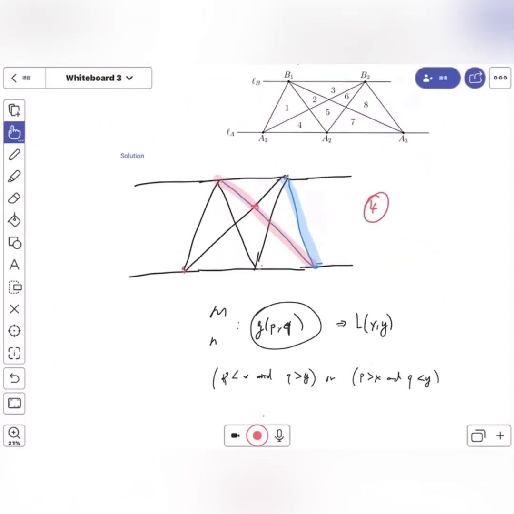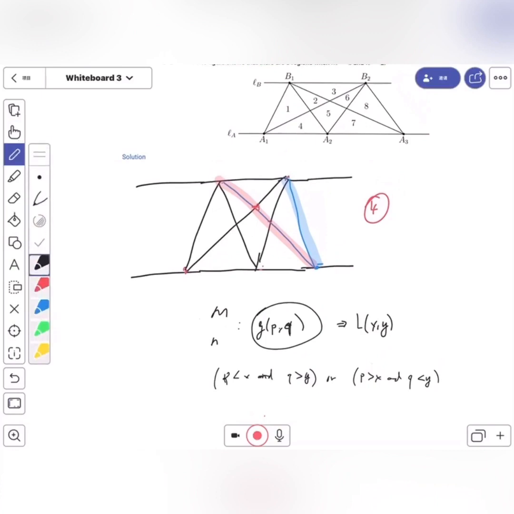Because imagine if we have both X and Y less than P and Q, or both greater than P and Q, then we're going to have some line like this, which obviously will not intersect between these two lines, since we know that every such line segment starts at one of the vertices and ends at one of the vertices.